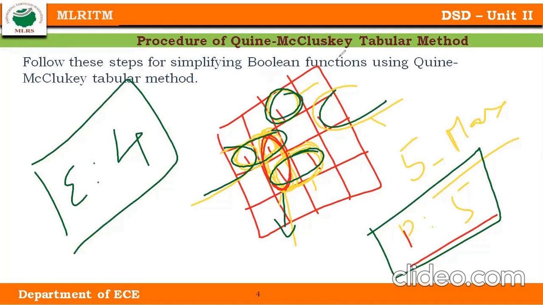Hope you understood. Any doubt here? Is anyone having any doubt about what the prime implicants and essential prime implicants are? Okay, hope this is cleared.